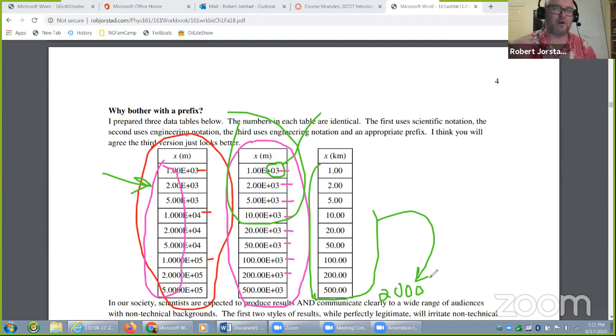So every once in a while, when you're making a list of data, you kind of bend the rules a little bit. Sometimes you might actually write this number, even though it's not true engineering notation, just because it might make your graph look prettier. Whatever. We'll get into that more in lab next semester, not now. So for now, just assume the rules are hard and fast, and we're not going to deviate.